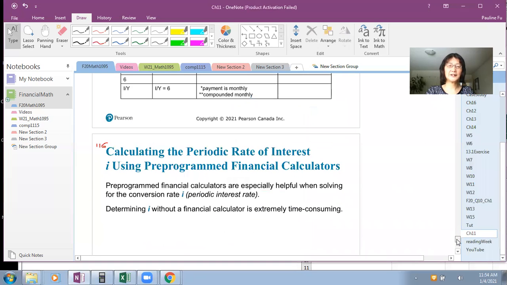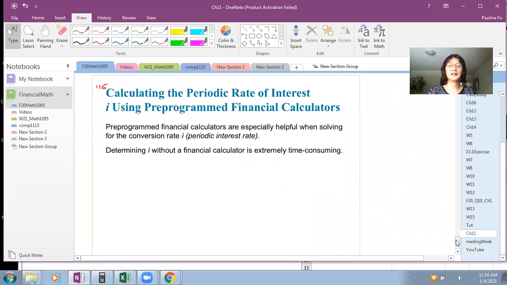We did the calculator steps. So far, we calculated the term N for ordinary simple annuities. Next, we'll calculate the periodic rate of interest using calculator and Excel. There is no formula for periodic interest, I. So we only introduce two methods, calculator and Excel.